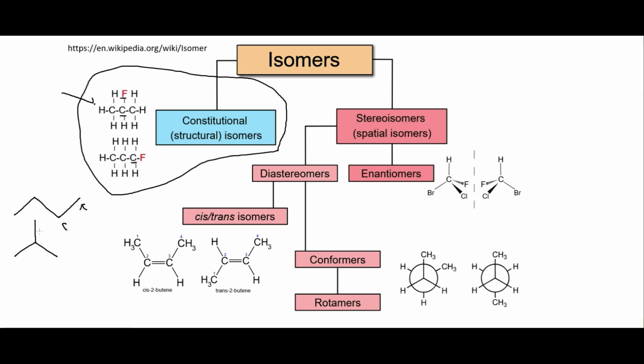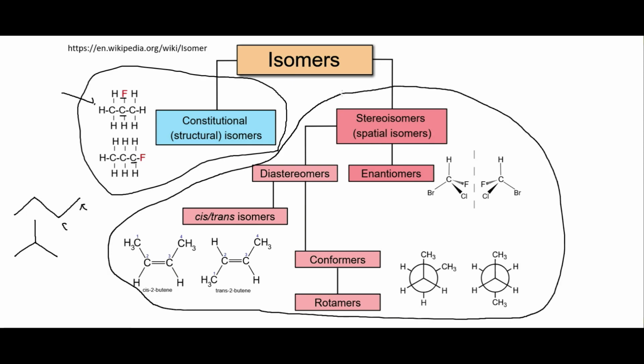So that would be a constitutional or structural isomer of that. These other kinds of isomers, the stereoisomers, are things I will get into in later videos, so we won't have to worry about that just yet.